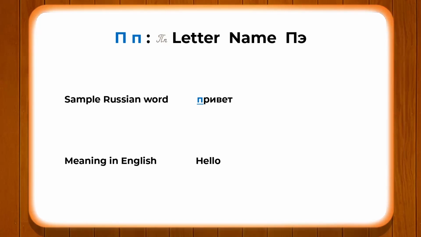Whenever you are meeting a Russian speaking person, you have this word to start a conversation with, known as privet. Privet means hello. It is the first thing which I would like my learners to learn and understand, so that whenever they meet a person from the Russian speaking world, they can converse with them.